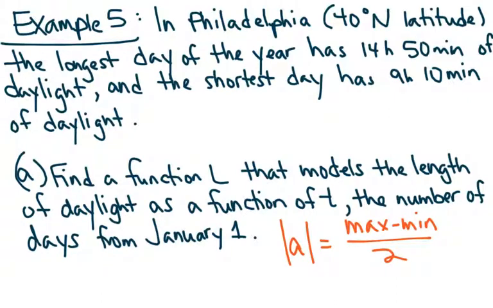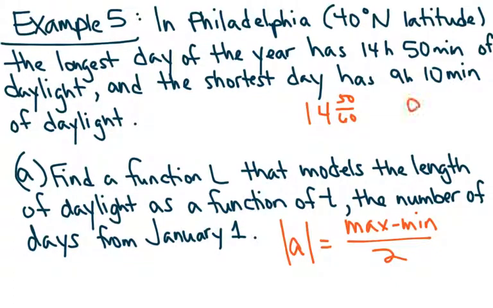Now, you have to have one unit of measurement. You can't be in 14 hours and 50 minutes. You either have to be all in hours or all in minutes. And for our purposes, it's probably better if we're just all in hours. So 14 hours, 50 minutes is 14 and 50 over 60 hours.